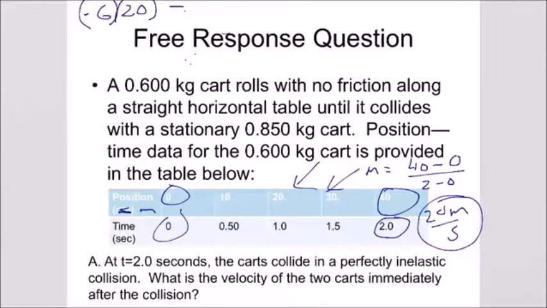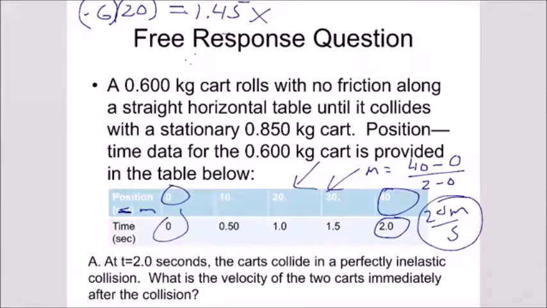That's equal to the final momentum. Now this is an inelastic collision, which means the two carts hit and stick together and move off as one object. So the total mass is going to be the combined mass, 0.6 plus 0.850. That's 1.45. And they're moving off at some velocity that we don't know.